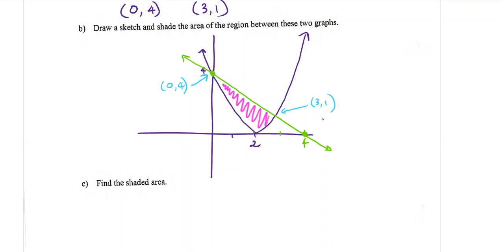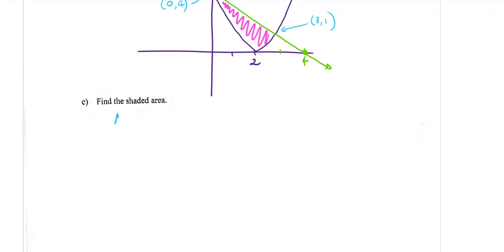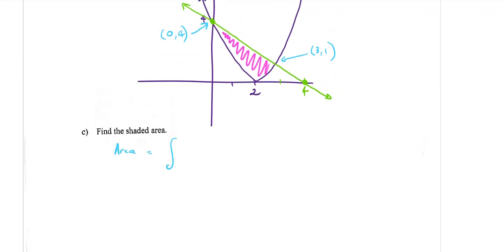Okay, so part C, find that shaded region, which is when we finally get to integrate stuff. This is when we can use that formula that was at the beginning. I'm going to find the area by integrating, the limits are the x values of these intercepts. So 0 to 3, that's where my two curves overlap. And I want the top graph, and the line is on top.